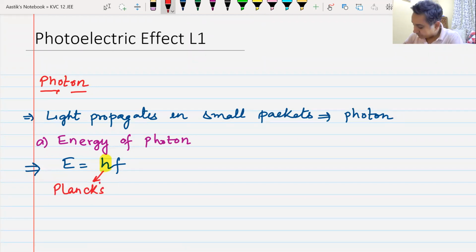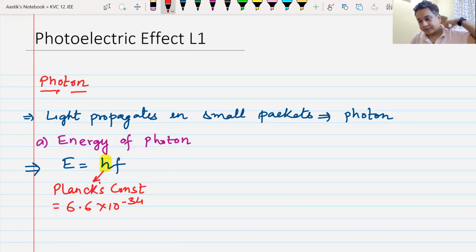Planck's constant is 6.6 into 10 raised to the power minus 34. What is the unit? Joule, sir? Not joule, it is joule second.